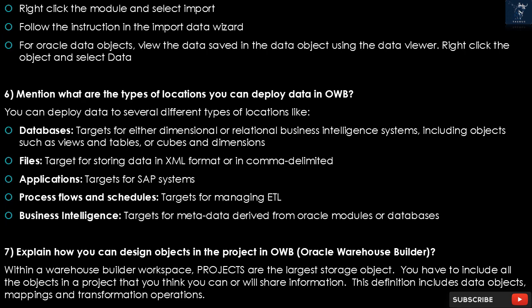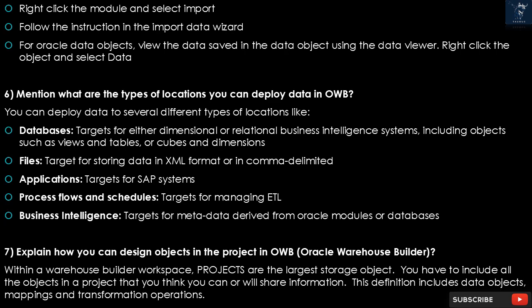6. Mention what are the types of locations you can deploy data in OWB. You can deploy data to several different types of locations like databases, targets for either dimensional or relational business intelligence systems, including objects such as views and tables, or cubes and dimensions.